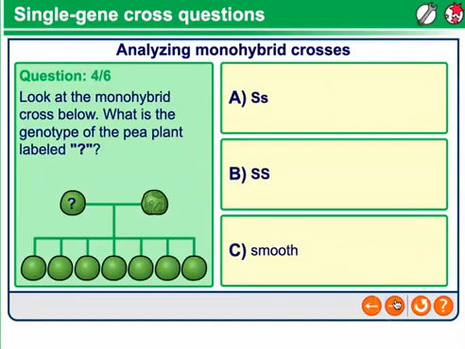Question 4. Look at the monohybrid cross below. What is the genotype of the pea plant labeled with the question mark? If every single one of the offspring are coming back as smooth, it must be an uppercase S genotype.